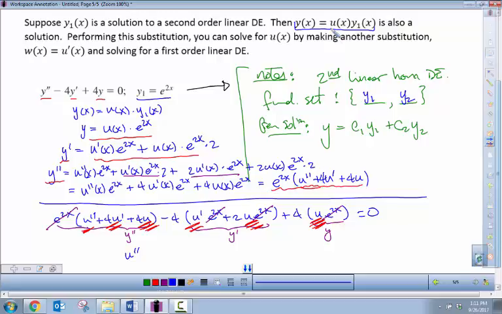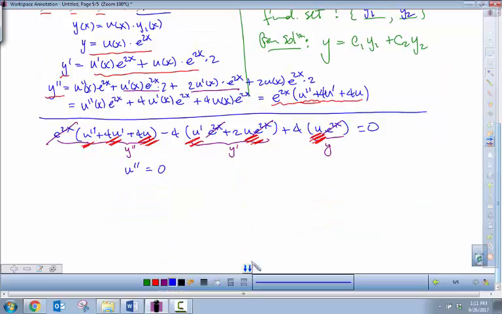All right, where were we? Everything else disappears? Is that correct? It does. Well, we need to find u. So if you had something more complicated here, you could probably use a substitution, but there's nothing really to do here except to solve for u. How do you solve for u? U prime is a constant, and then integrate again.